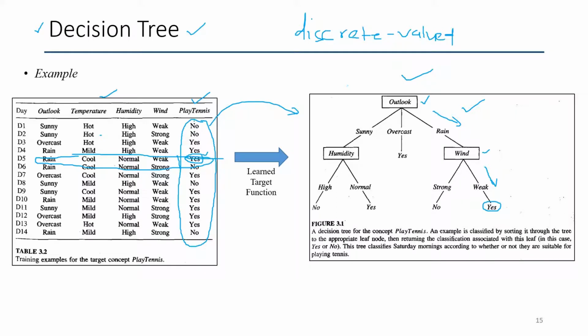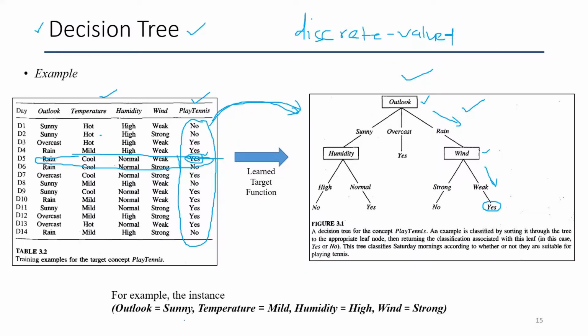From the given sample you can learn this decision tree and utilize it for a future sample. For example, consider this is our day 15. We have the data about 14 days, and from this data we have learned this decision tree, and consider these are the attributes of the 15th day. Now we have to decide whether to play tennis or not.